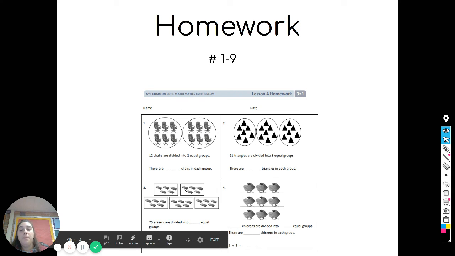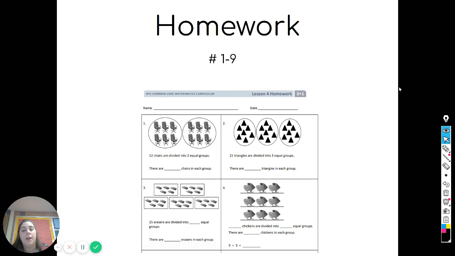So for example, let's do this chicken one down here, okay? First it says blank chickens are divided into blank equal groups. Well, we know with division, the total always comes first. So I know there's 1, 2, 3, 4, 5, 6, 7, 8, 9 chickens total.